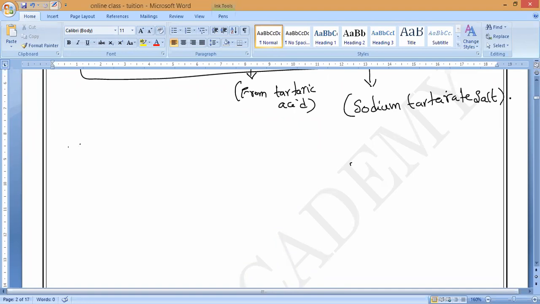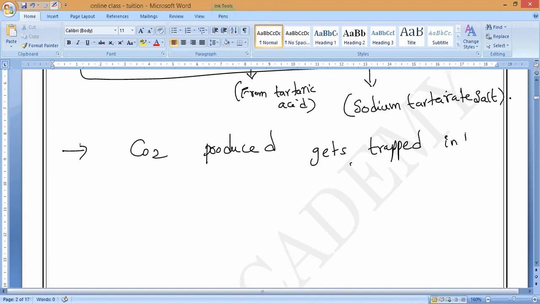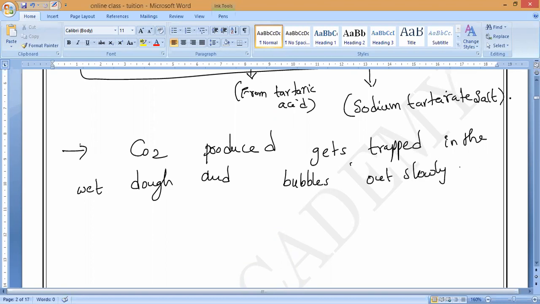So note it down. The next point: CO2 produced gets trapped in the wet dough and bubbles out slowly, making the cake or bread rise. Why are we using baking powder?